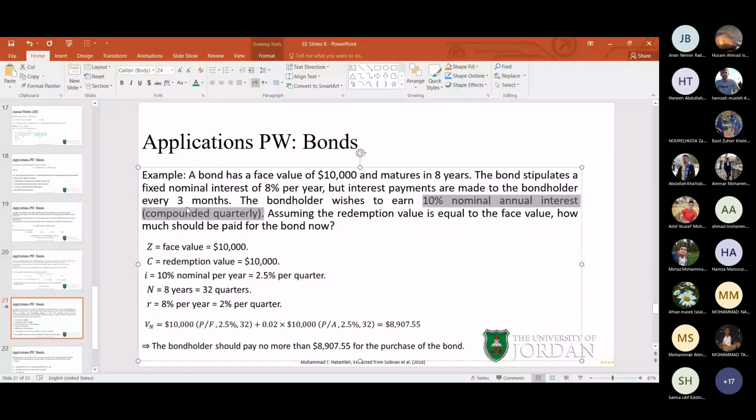Now, since the yield rate is 10% nominal compounded quarterly and the payment happens each quarter, to calculate the effective rate my life is easy: I divide the nominal by 4, because the compounding is already quarterly and goes hand in hand with the payments that happen each 3 months. So to calculate the effective per quarter, I divide the nominal by 4.